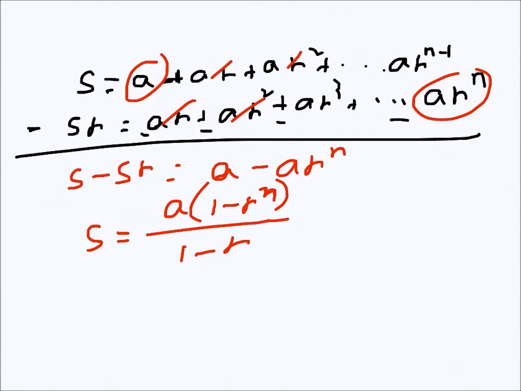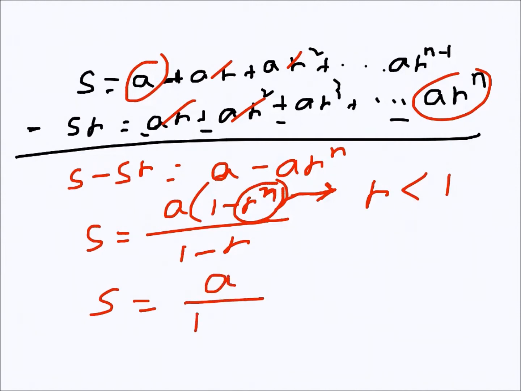Now when r is less than 1 and n goes to infinity, this term becomes very small, so the sum becomes a over 1 minus r. It becomes very small because when r is less than 1, for infinity this keeps getting smaller and smaller, and finally the nth term becomes very small, so we can ignore it.